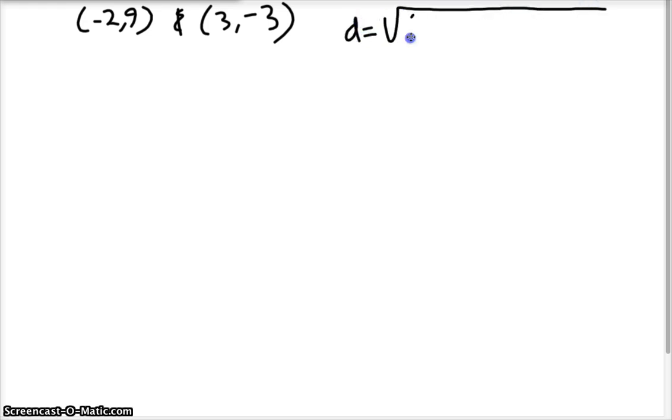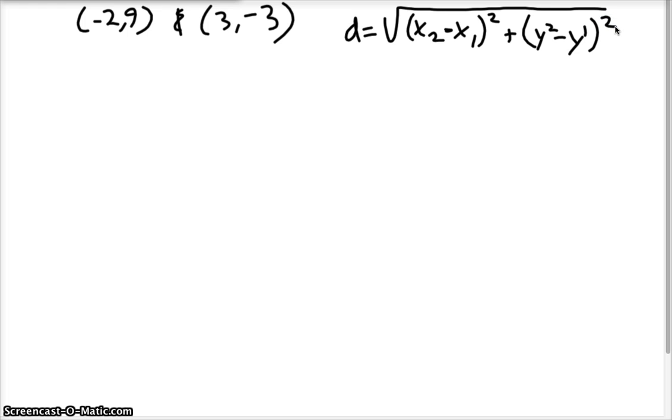Find the distance between the Department of Defense at -2, 9 and the Madison Building at 3, -3. So remember, our formula is d equals the square root of x2 minus x1 squared plus y2 minus y1 squared.